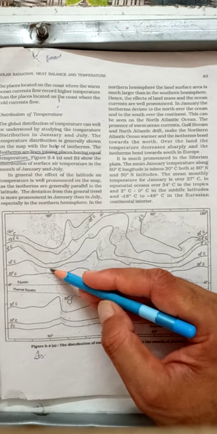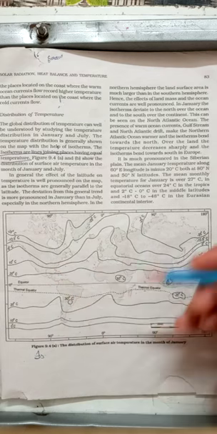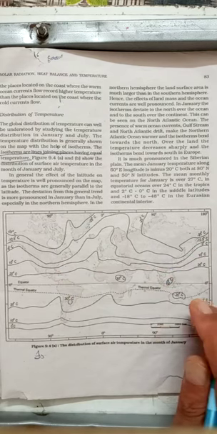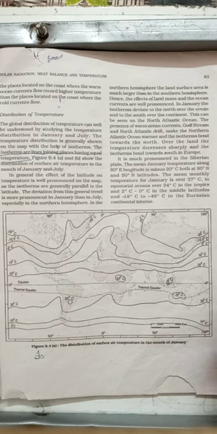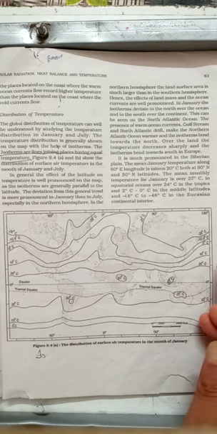In other words, the north-south temperature gradient is lower in lower latitudes and rather insignificant, and the isotherms generally extend in an east-west direction.